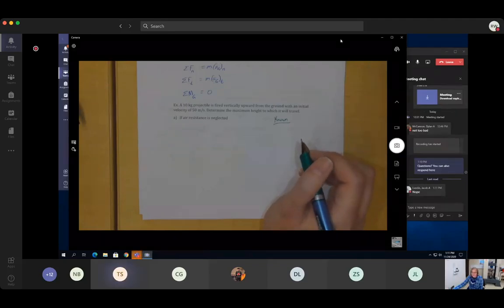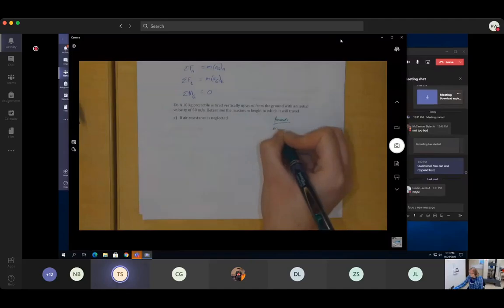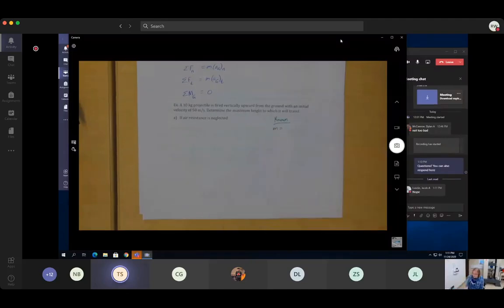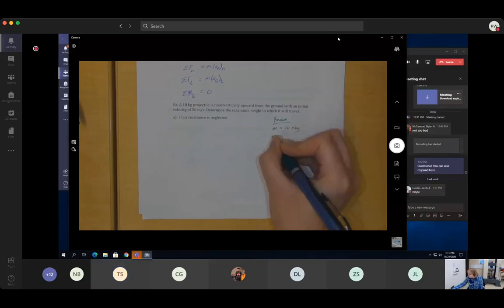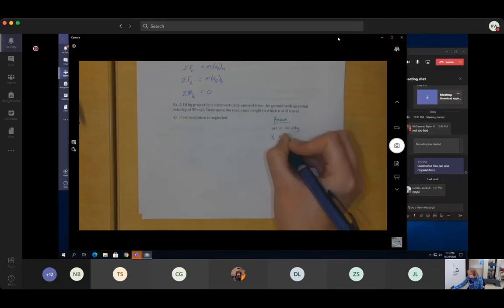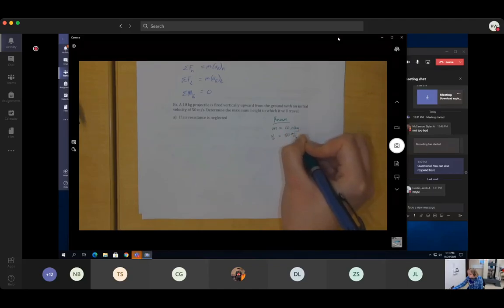We know the mass and we know the initial velocity. Okay, so we have mass is equal to 10 kilograms. We have a velocity that's 50 meters per second.